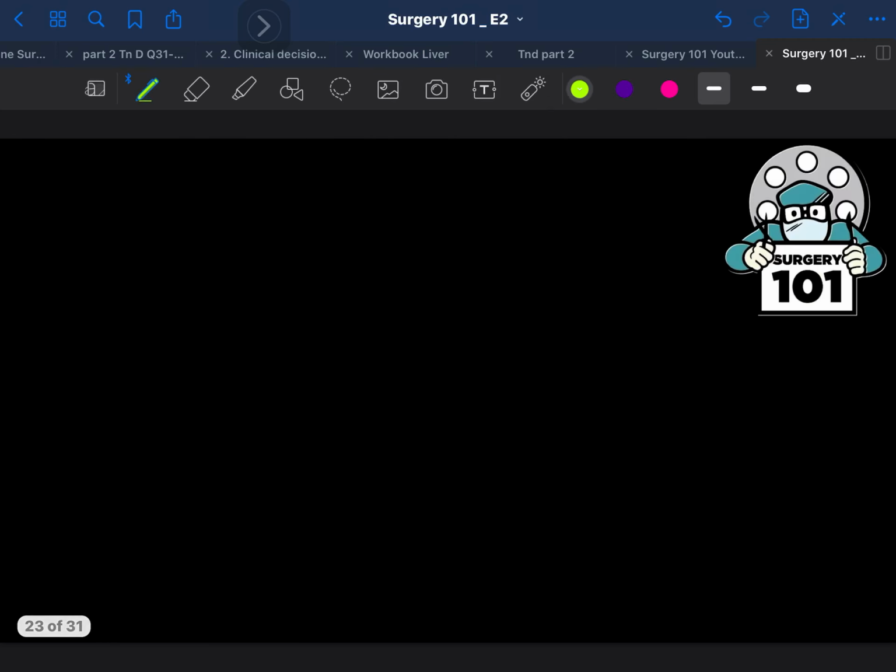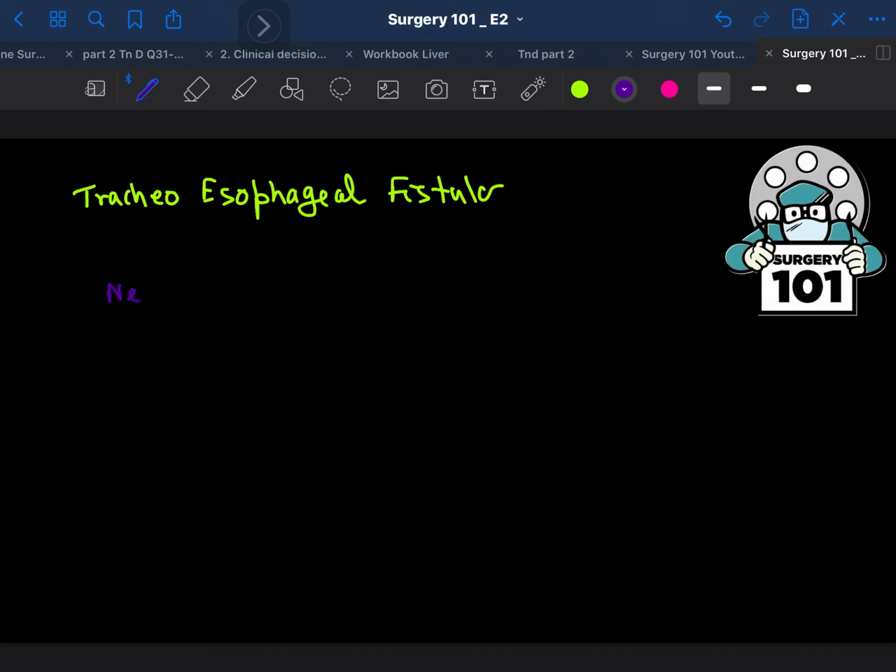Now if at all there is a tracheoesophageal fistula, what is going to happen? There's going to be a newborn child who is coming to you with drooling of saliva.